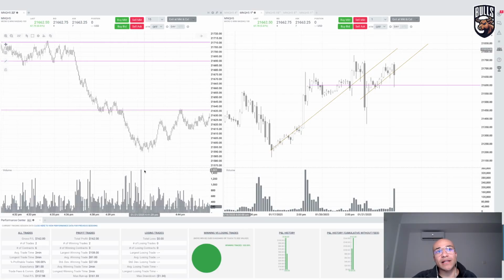And as you can see, a lot of volume is coming in. A lot of volume coming in here. And that, for me, is confirmation that there is interest. If the volume were flat or inconsistent, then the likelihood of this trade working out for me, like going long here, wouldn't have been that high.